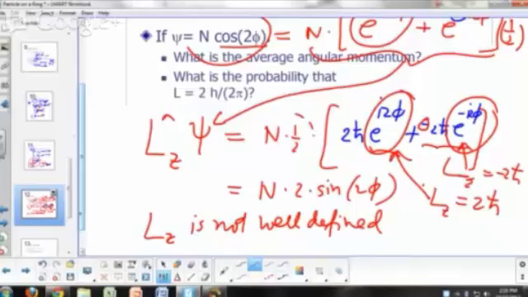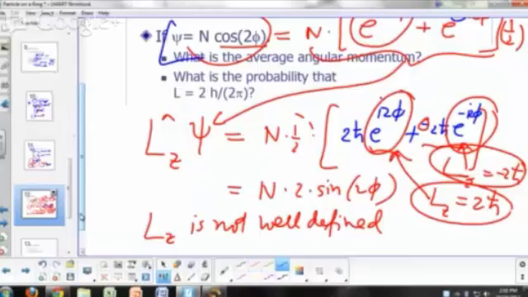And you look at your coefficient, it's the same. So there's a 50% chance that your angular momentum is 2ħ and a 50% probability that your angular momentum is -2ħ. Even though, you can show that this is an eigenfunction of the Hamiltonian operator.